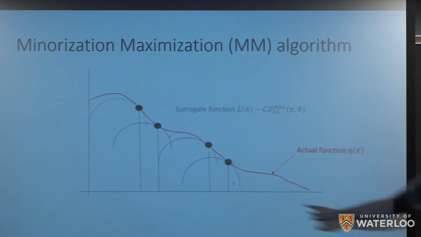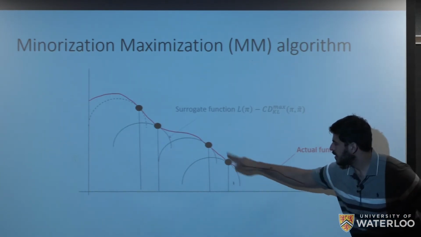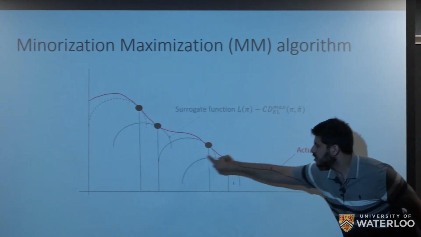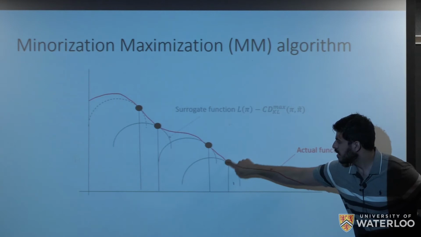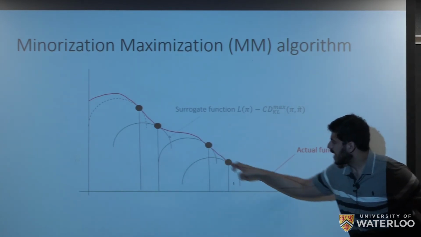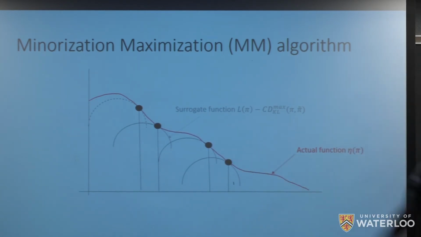So in order to estimate a good next policy, we just maximize this particular function, because that's going to be the lower bound of the L function in the local neighborhood. If we keep doing this, we make sure that the policy is always improved at every step.